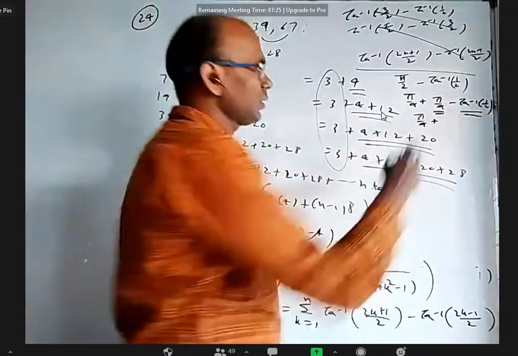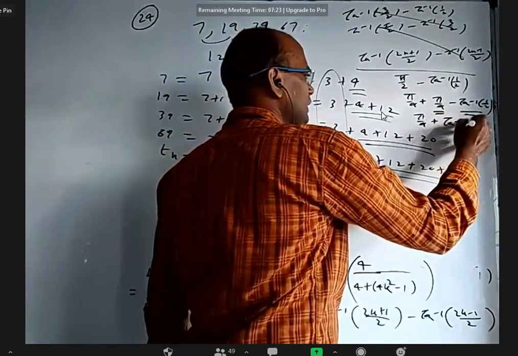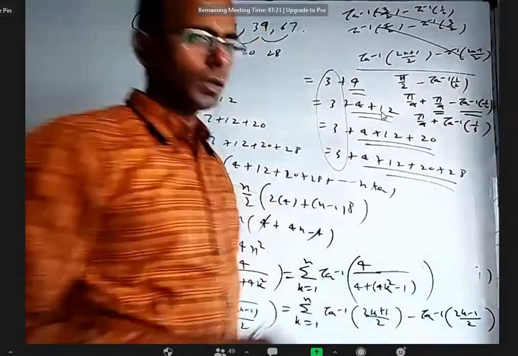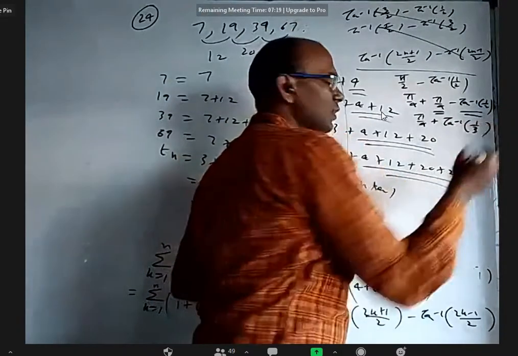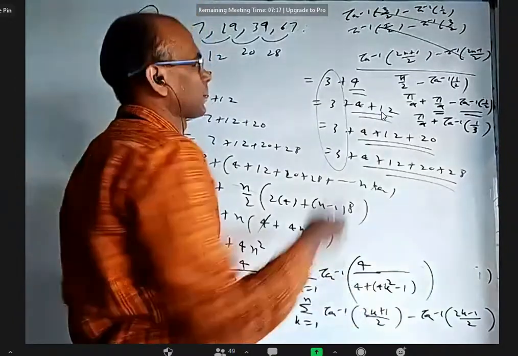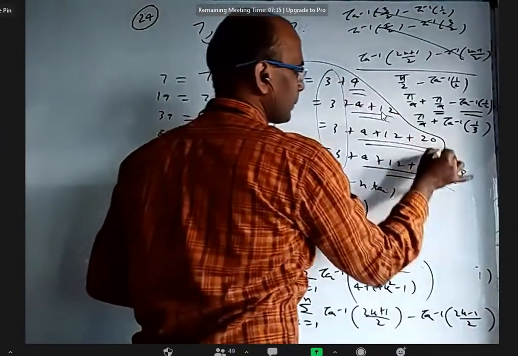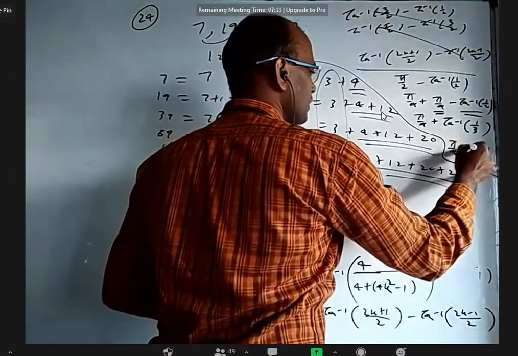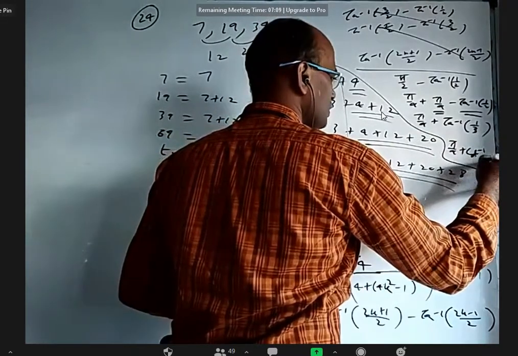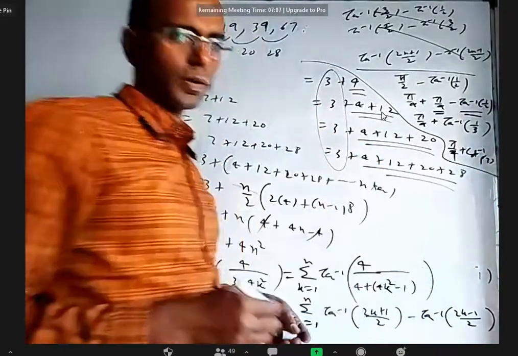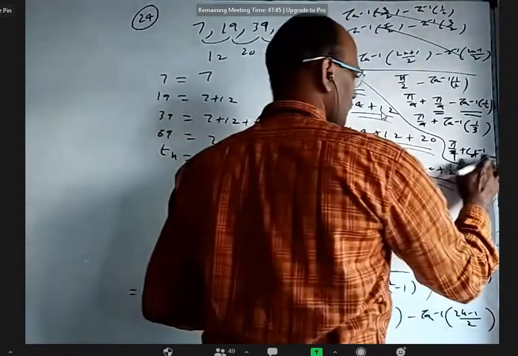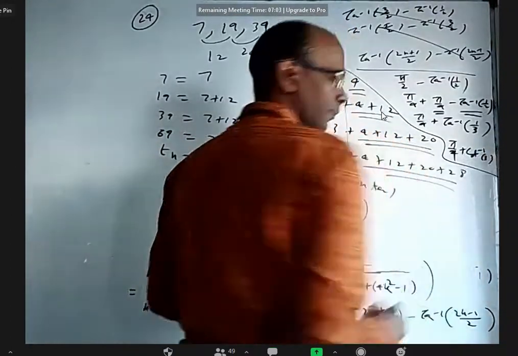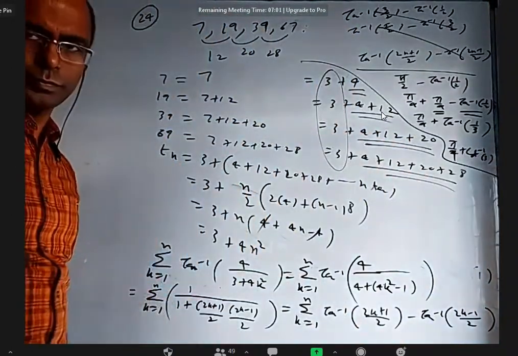When you simplify, these two together will become tan inverse 1 by 3. And that tan inverse 1 by 3 will become cot inverse 3. That's how it is pi by 4 plus cot inverse 3. Is this okay?